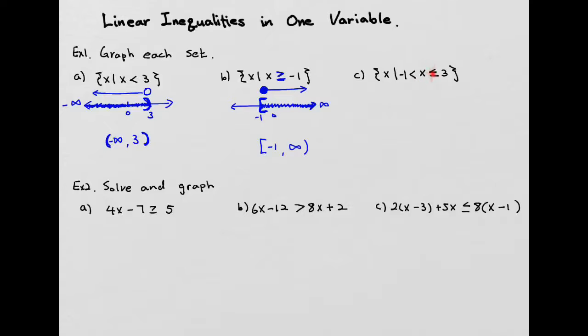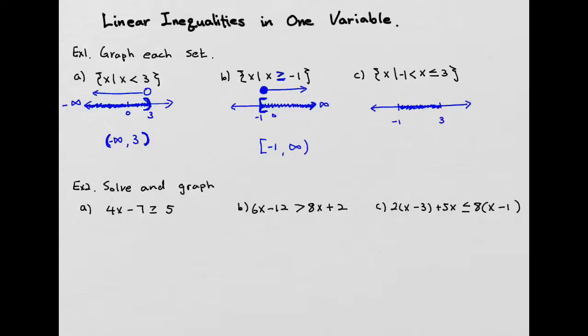So x is less than or equal to 3, greater than negative 1. So we're going to draw the number line again, and always the smaller number on the left side and larger number on the right side. And x is greater than negative 1, less than 3. So we'll be between those two numbers.